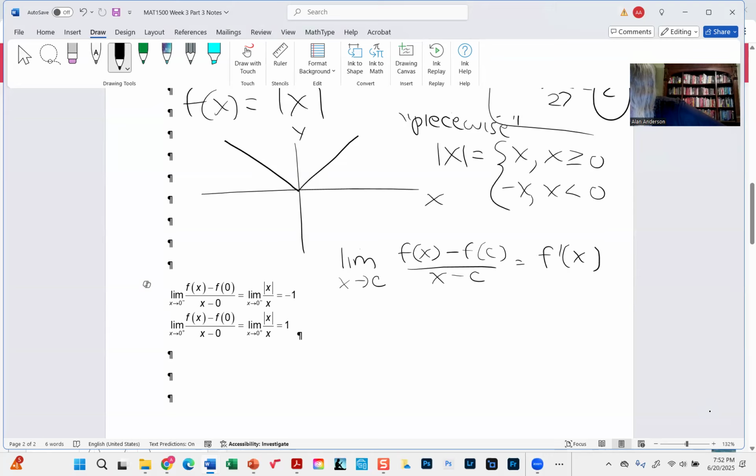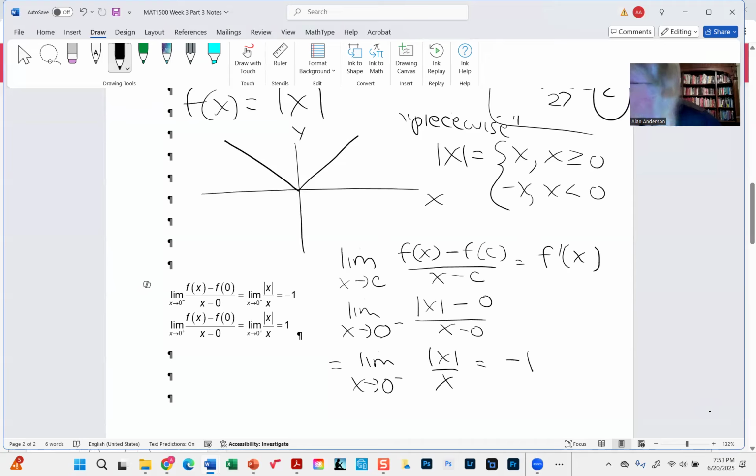So the limit as x goes to c from 0, rather from the left, it's -1 because the slope on this side is -1.